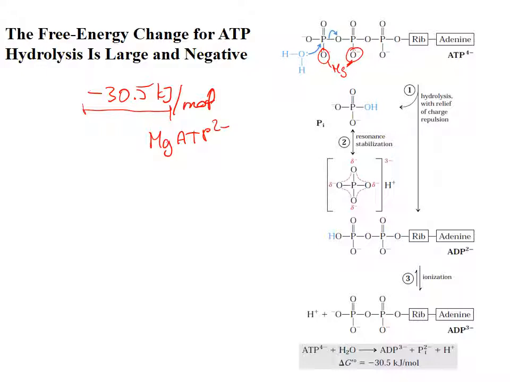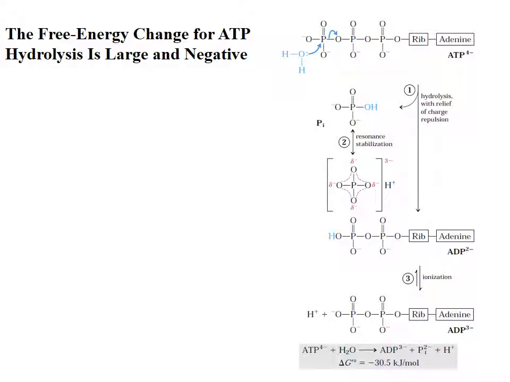So in reality, the delta G for ATP hydrolysis in biological systems is significantly larger than this. It can be up to -65 kilojoules per mole. And we'll talk about this in further detail.